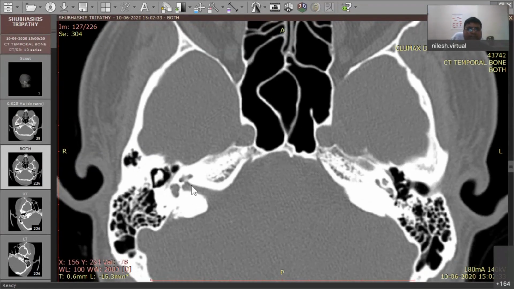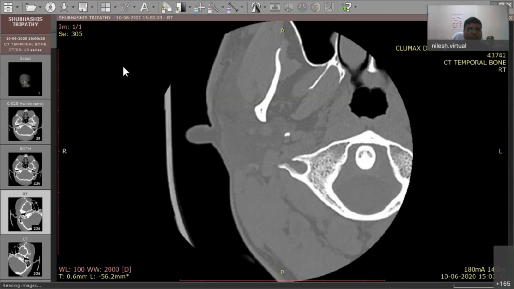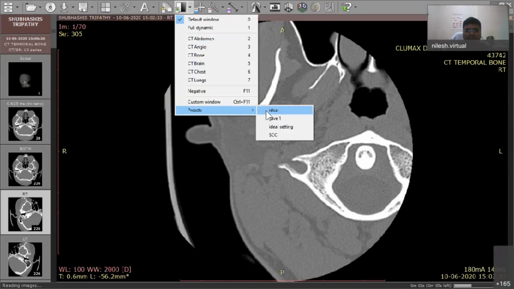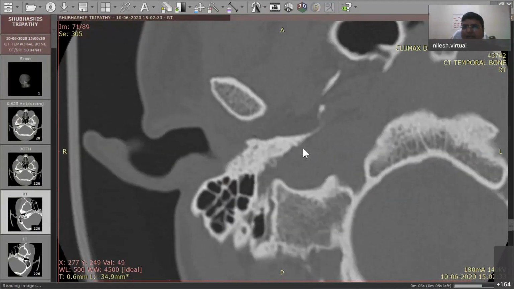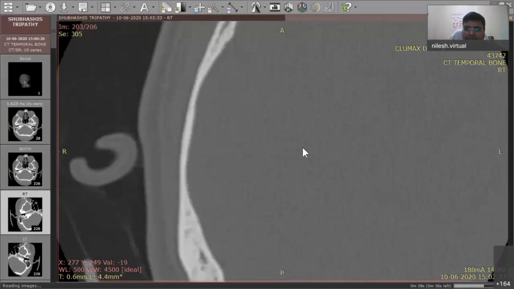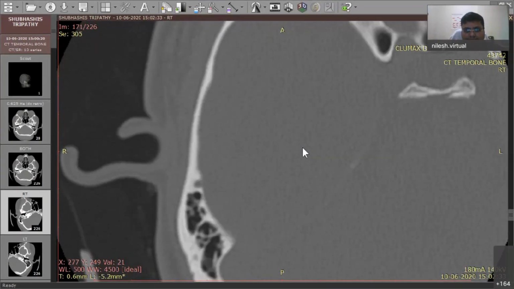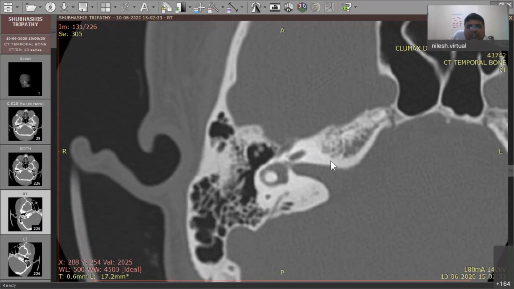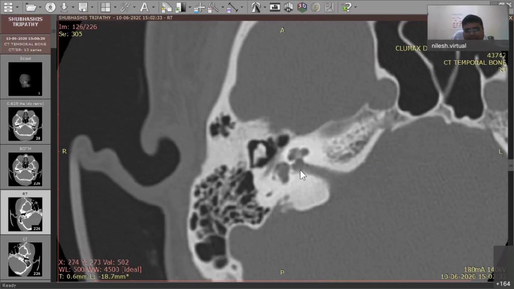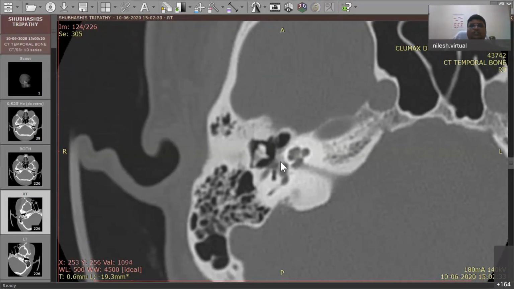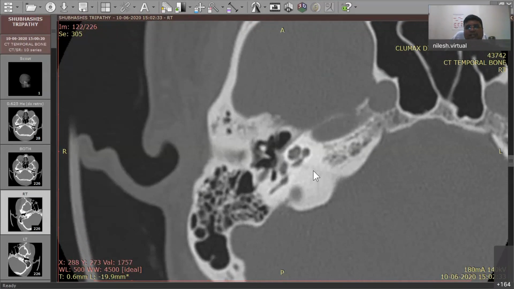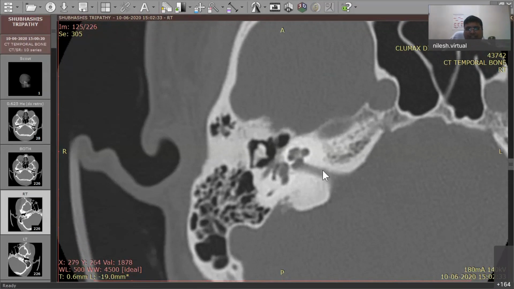Just see this scan. We'll go to the level of the internal auditory meatus. So this is the internal auditory meatus, and you see anteriorly it is completely intact. There is no diverticulum, though it is a case of otosclerosis. So it need not be present in all cases of otosclerosis. It can be present in some cases of otosclerosis, in this area, as we saw in that scan.